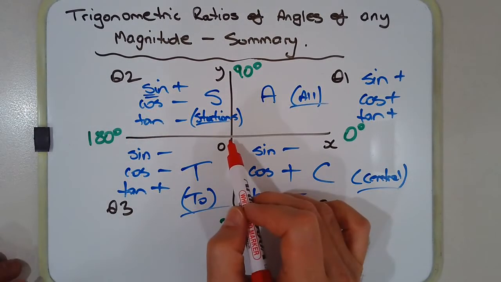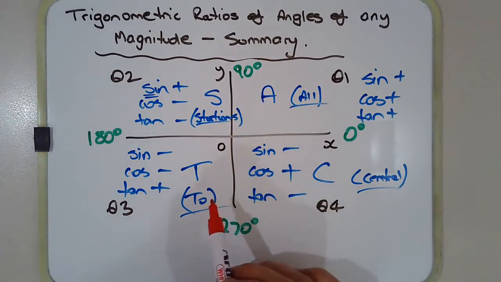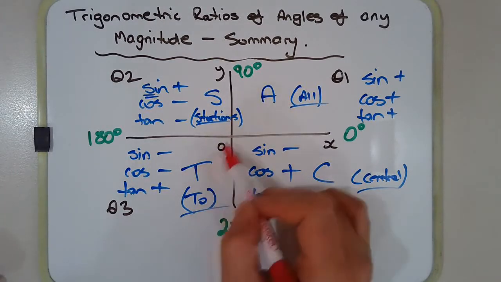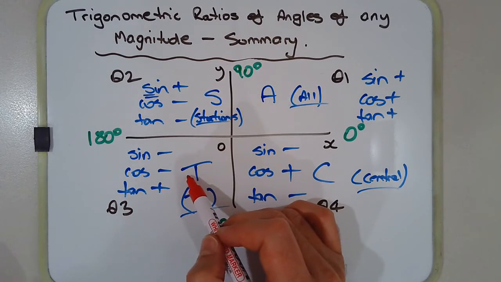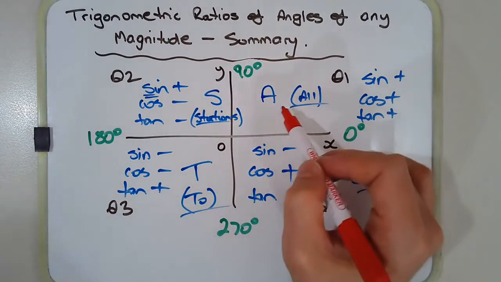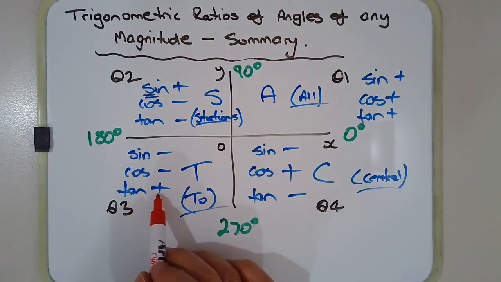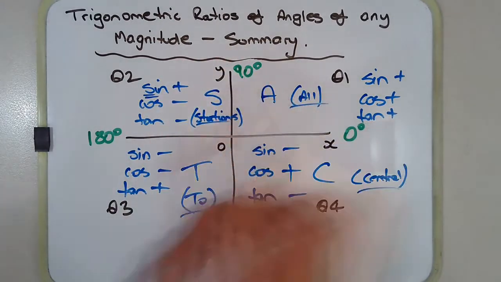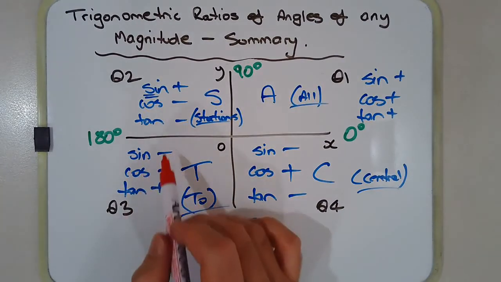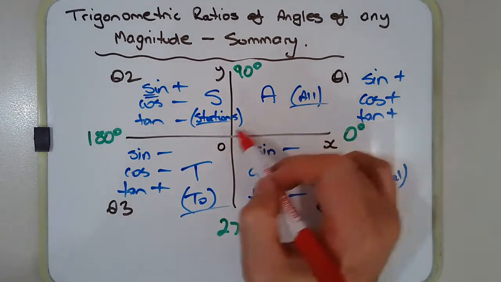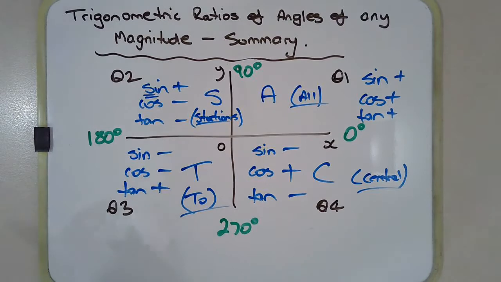So if we had an angle, let's say 225 degrees, which is quadrant 3, and we convert it back into an acute angle, we know that tan is positive in quadrant 3. As long as we remember that tan is positive, and that sine and cos are negative, we can just work in terms of the acute angle, but remember to add the minus sign. We assume it's plus if you don't add anything. The important thing is to remember which quadrant it came from.